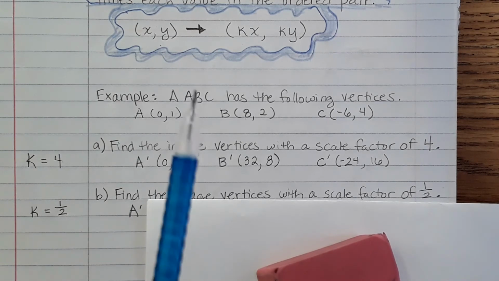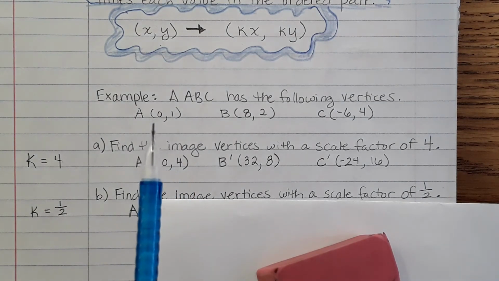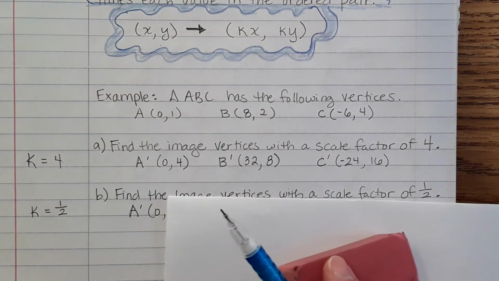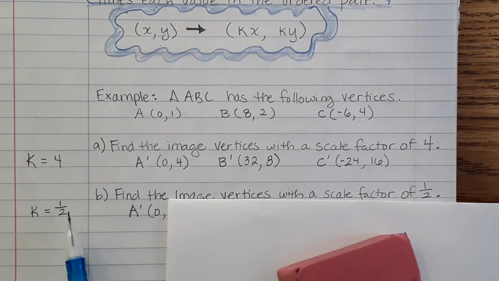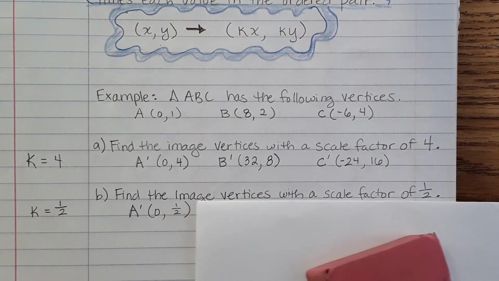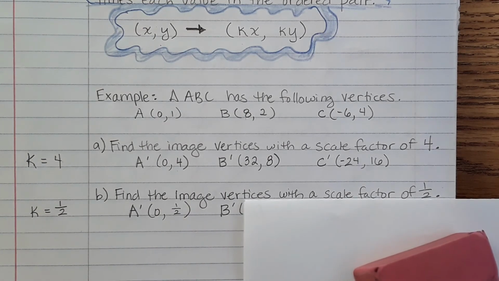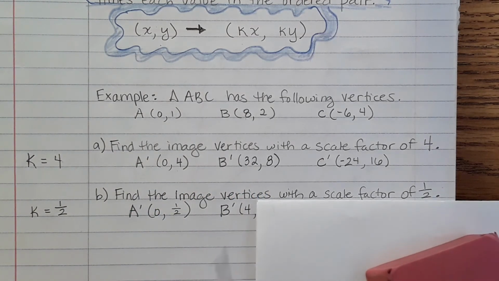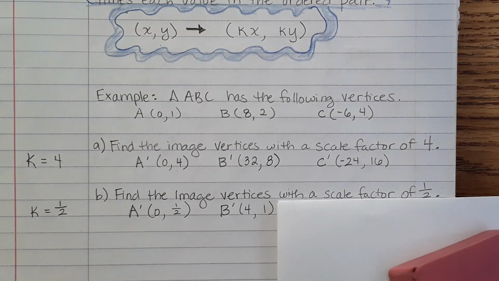So remember, going back to the original pre-image values, 0 times 1/2, anything times 0 is 0. 1 times 1/2 is 1/2. For B prime, 8 times 1/2 is 4. And 2 times 1/2 is 1.